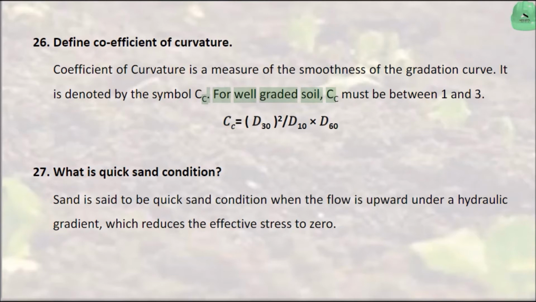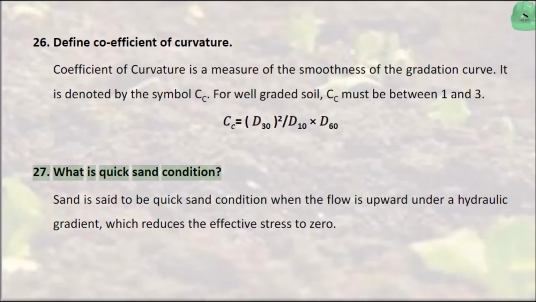For well-graded soil, CC must be between 1 and 3. CC equals D30 squared / (D10 times D60).